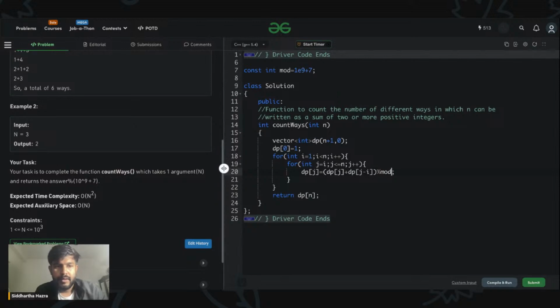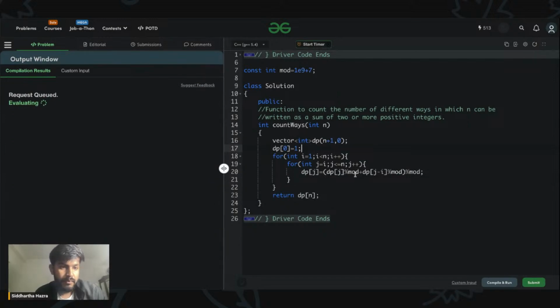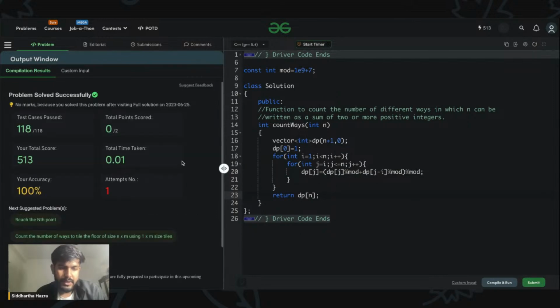Then this value modulo mod and then this value modulo mod itself. After we are done with this, we can just return this. Now it is just compiling, and again see. Good enough. Done.